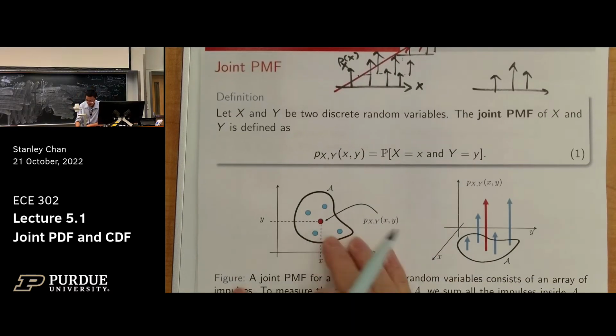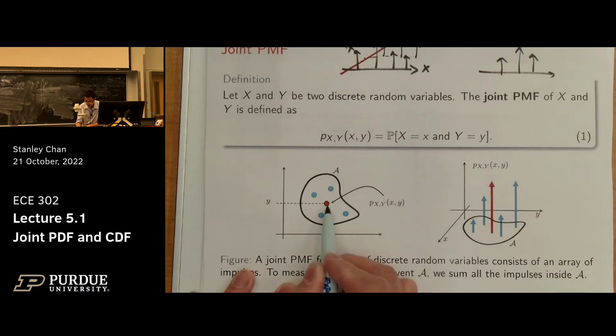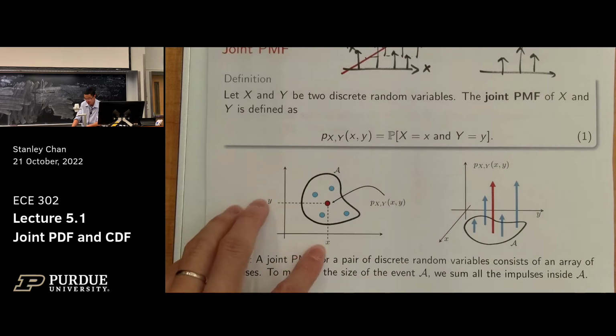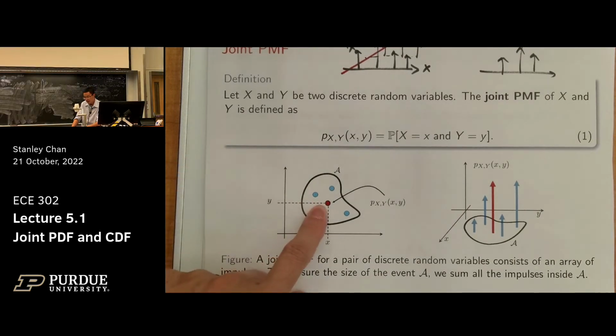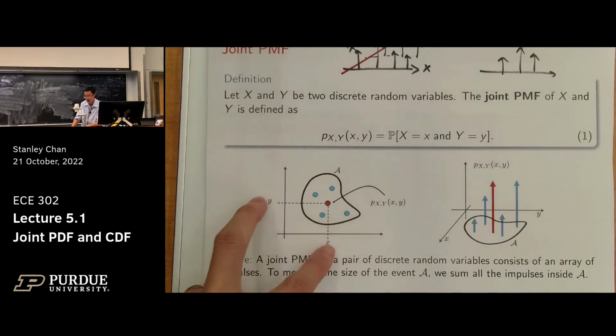So let's look at this diagram. In this diagram, I have a set A, and then I have 5 points. I look at this red dot in the middle. And this red dot has a coordinate of x and y. This is the state of x. Well, if you like numbers, that could be 1.25. This number is 5.36. Just two numbers, right? So they're the two coordinates. The point here will tell you the probability of getting this pair of states.